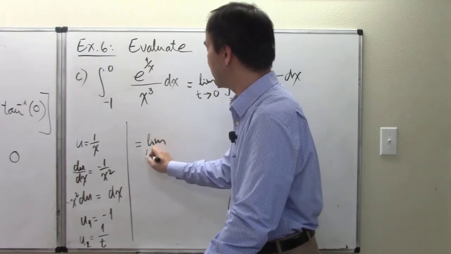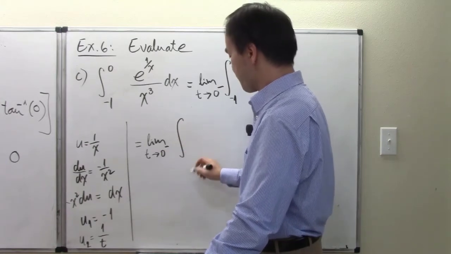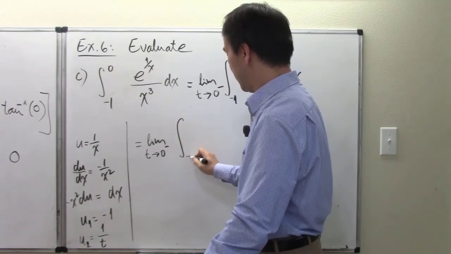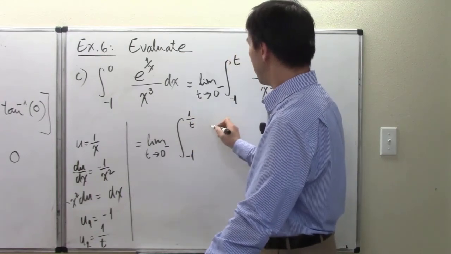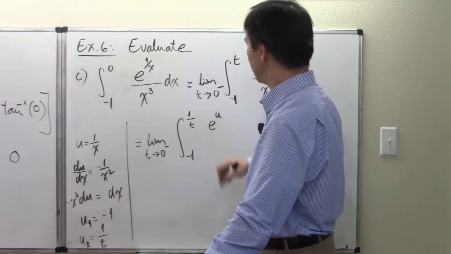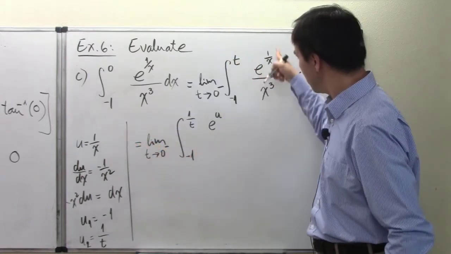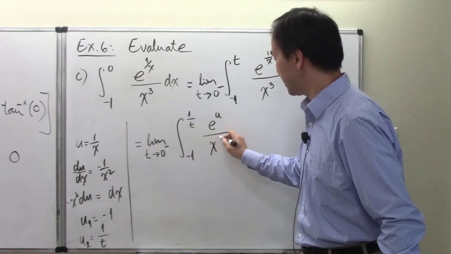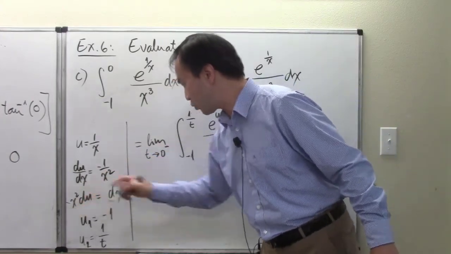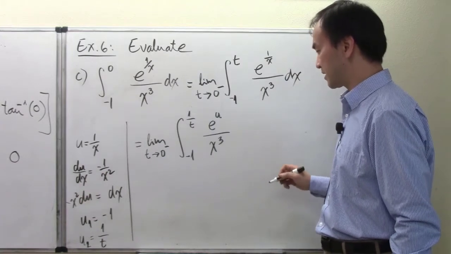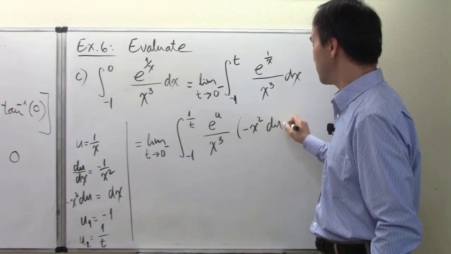It's a limit problem letting t approach 0 from the left-hand side. Here I'm looking at negative 1 to 1 over t, and my function becomes e to the u, because 1 over x has been substituted for u, so it's e to the u over x cubed. x cubed did not get a substitution, let it be that way, but dx can be substituted now by minus x squared times du.